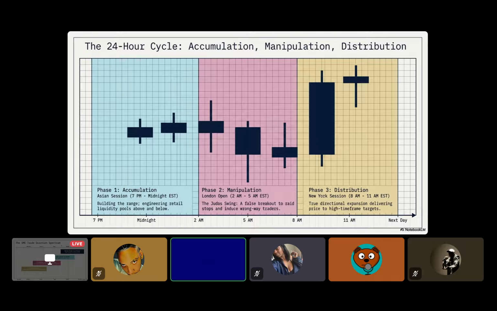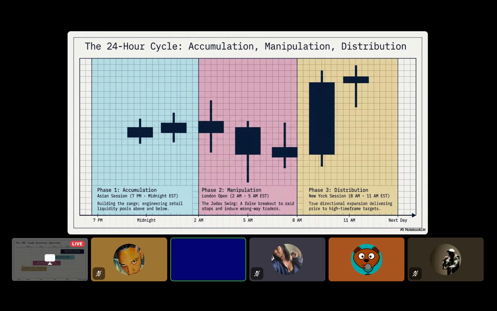It builds the range, engineering liquidity pools above and below that range so it can then sweep them inside of the manipulation phase, or the Judas swing. This happens sometimes during the London Open, and you'll see a break outside of that range while then having a hard time staying outside of it.